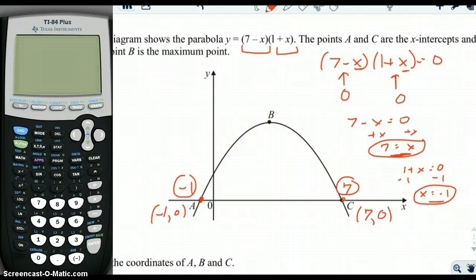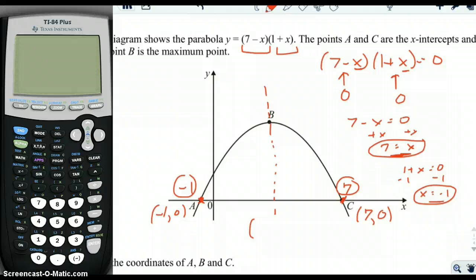Now what about B? This is a little bit trickier, but not that much more. One thing that you always have to remember, which seems really obvious when you look back on it, but sometimes when you're doing the problem you kind of forget, is that once you know the two x-intercepts for a parabola, you already know the x-coordinate of the vertex, because of course the vertex is right in the middle of the two x-intercepts.